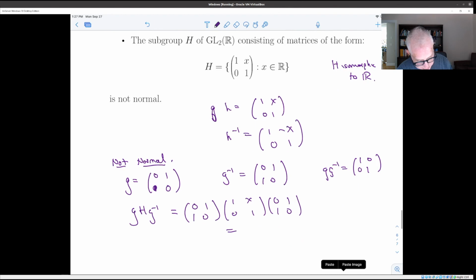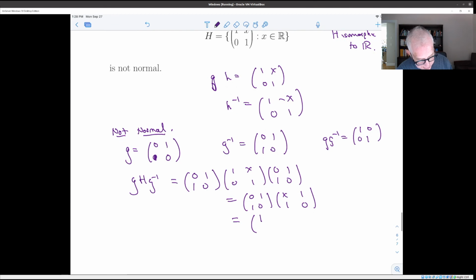So let's do this matrix multiplication starting on the right. We have [x, 1; 1, 0], which then works out to be [1, 0; x, 1]. So the effect of GHG inverse is to flip the x from the upper right-hand corner to the lower left-hand corner.